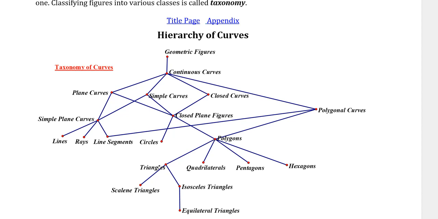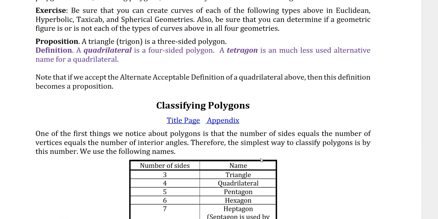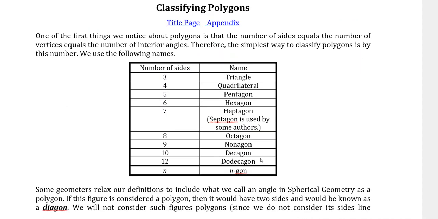Now, we studied a lot about triangles and classified them further as scalene or isosceles, and under isosceles we had equilateral triangles. And we classified them some other ways as well. But then we can talk about quadrilaterals, pentagons, and hexagons. So one of the most obvious things to do when classifying polygons is to classify them by the number of sides. A triangle or trigon has 3 sides.